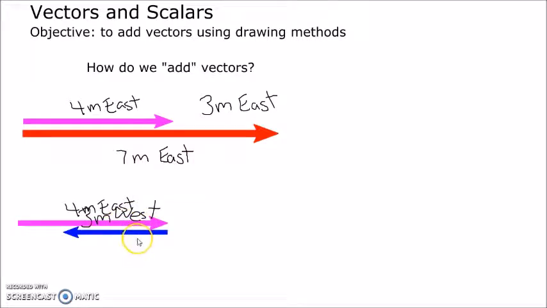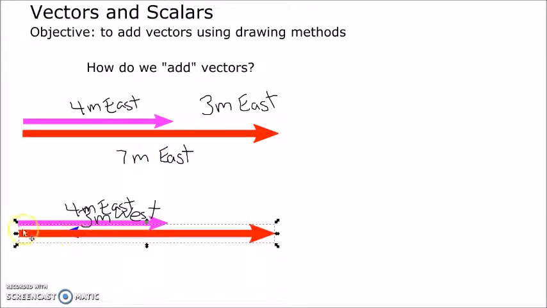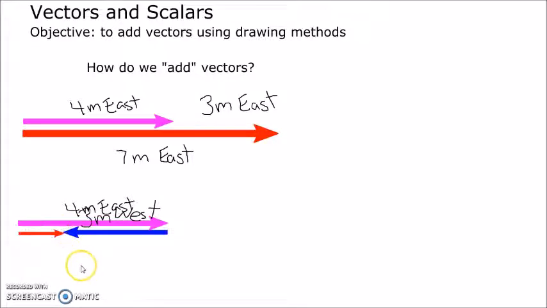Instead of adding to the end, it's almost like a subtraction problem. Our resultant right here is the 4 meters east and the 3 meters west. It's kind of like taking 4 minus 3, and what we end up with is 1 meter to the east.